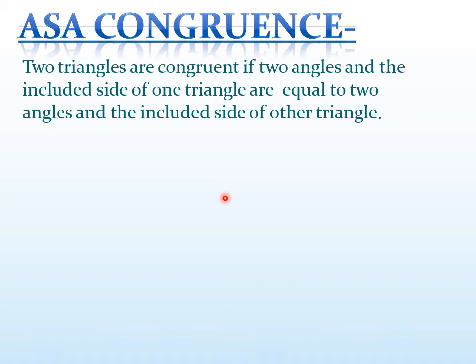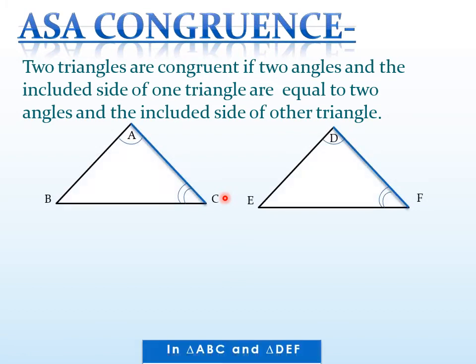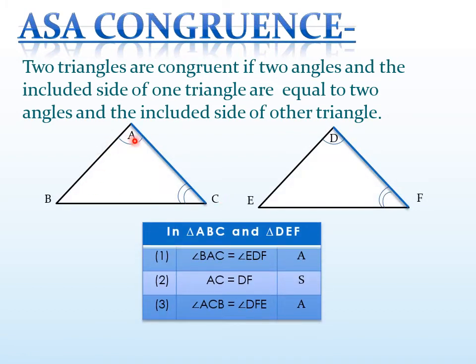This is just the opposite of the previous case. Here, two angles will be equal. Here angle A is equal to angle D. Here angle C is equal to angle F. And between these two angles, we have the side AC. And between these two angles, we have the side DF. So if these are equal, then only we can apply the ASA rule.